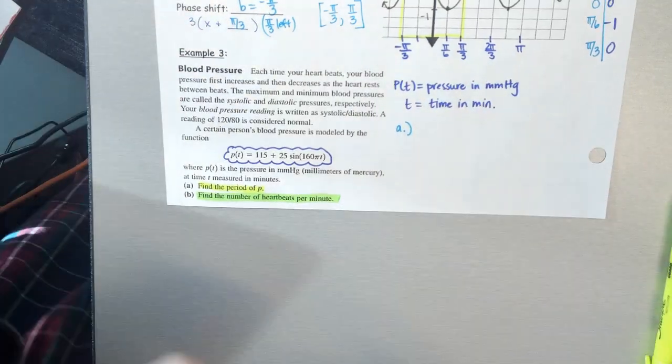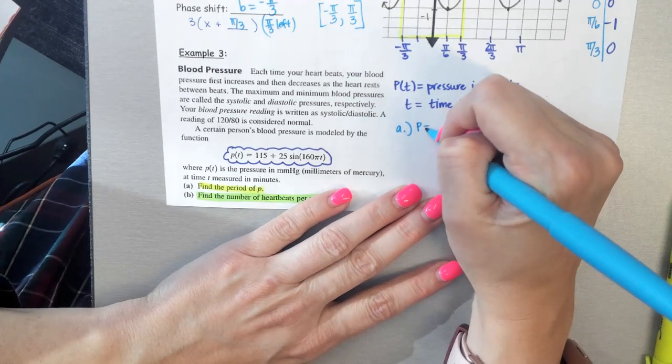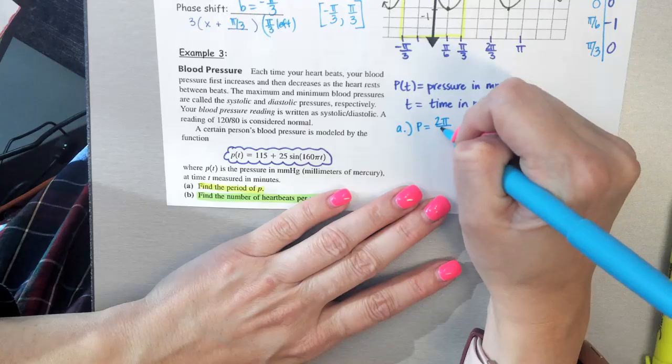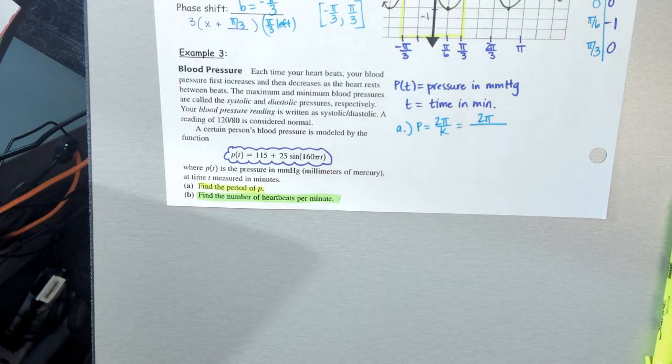Okay, so part A is just the same as if we were finding it from an equation. So we're going to use our formula, the period equals 2 pi over k. I want you guys to plug in the k value for this equation P of t and simplify, and start to think about what that means.